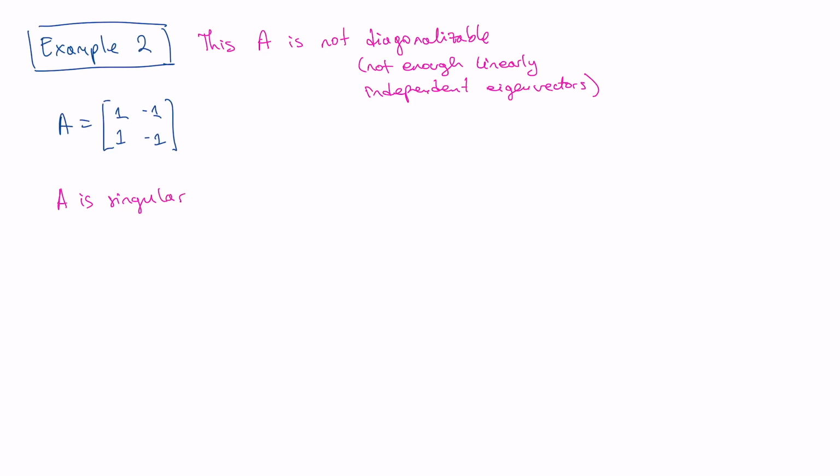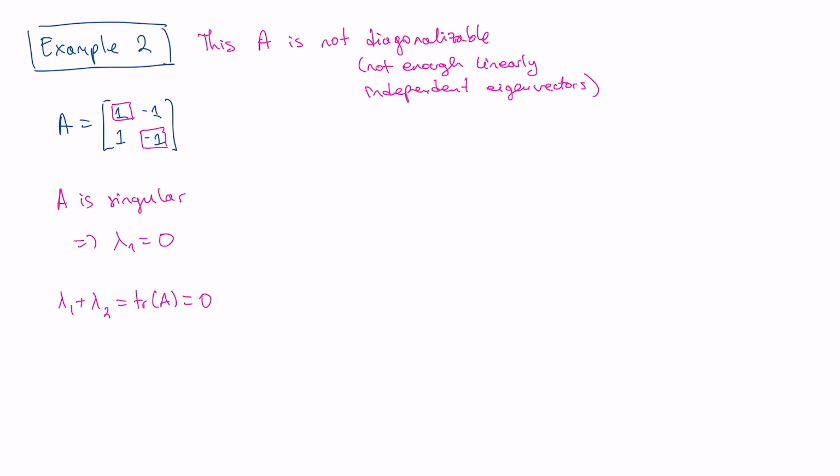So immediately I know that one lambda has to be a 0. Then because this is a 2 by 2 matrix, I can just use the trace of the matrix to tell me what the other eigenvalue is. So I know that lambda 1 plus lambda 2 has to be the trace of A, and the trace of A is the sum of the diagonal terms, which is just 0.